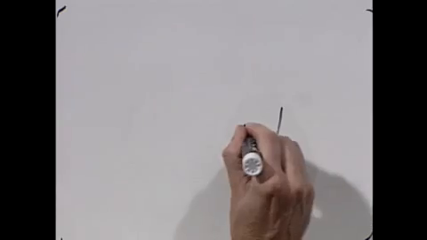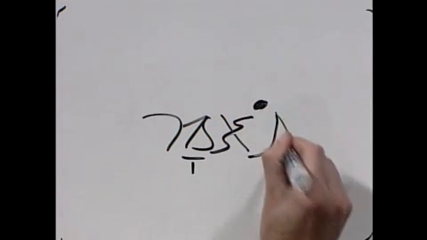You're not going to have some type of vav consecutive attached to the front of it. That's what we mean by a regular form. So if we're looking at a regular non-pausal form, the qamets chatuf becomes a patach. And so the example I give you, let's say that's a qamets chatuf there. You get the holem, which you're used to now by the long A becoming O.